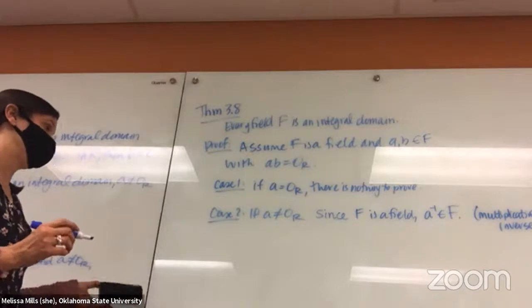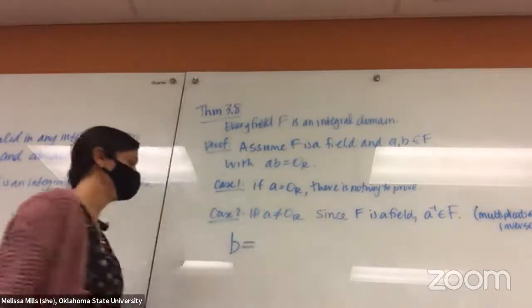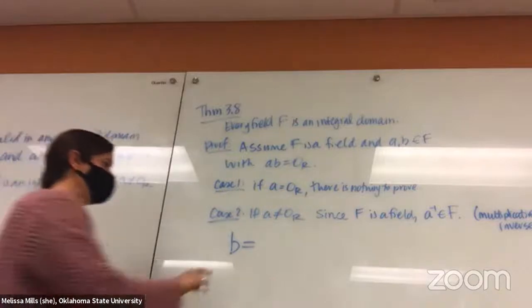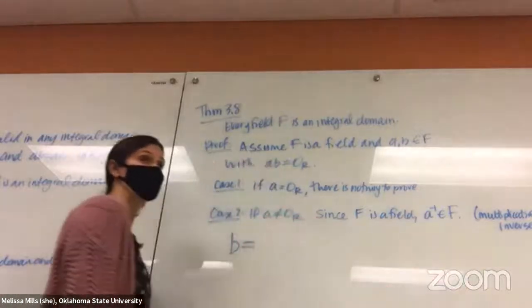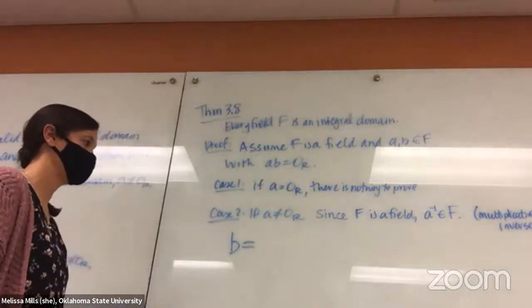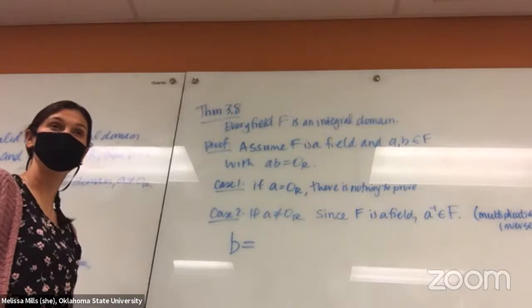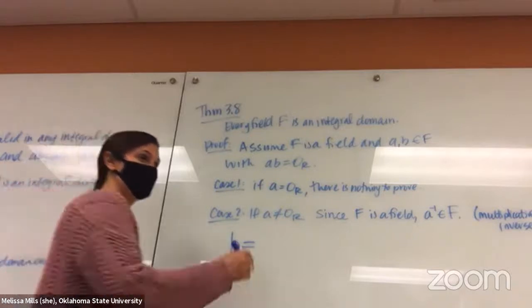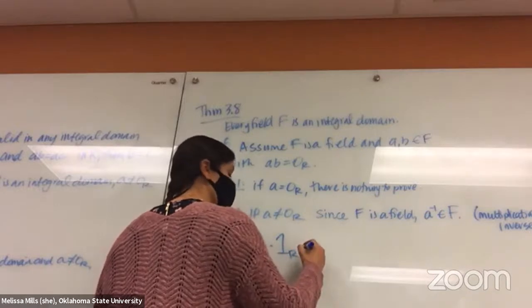Okay, and so what do we want to do? Well, let's start with B. And we're going to do a string of things until we get to 0. So what could I do? Well, I'm going to multiply by 1 in a creative way. So B equals B times 1_F.